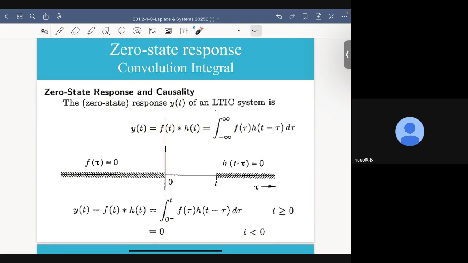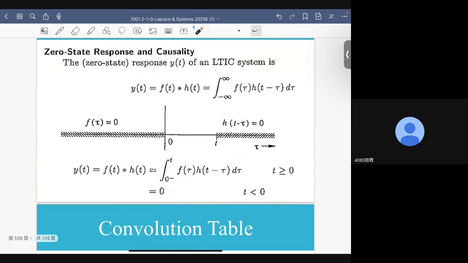Before t equal to 0, nothing happened, and the input before t equal to 0 is 0. So f of tau is 0 when tau is smaller than 0, and then there is no need to integrate this integrand from minus infinity. You can integrate it from 0 minus.